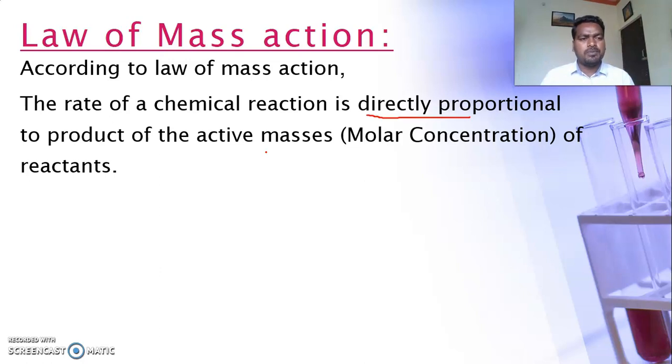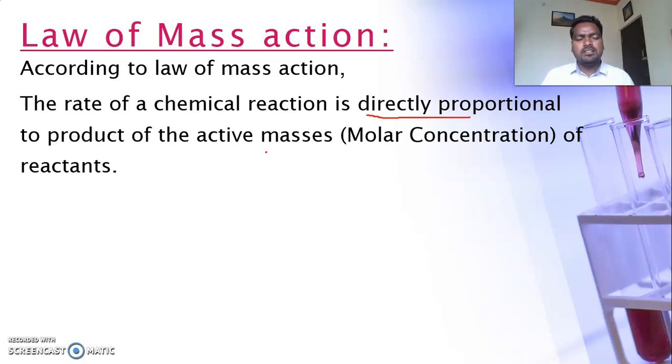You just observe. There we found that in the second one the rate of reaction is high. The reaction is highly vigorous compared to the first one. Why? Because there is more amount of reactant, that is, the concentration of reactant is more in that case.